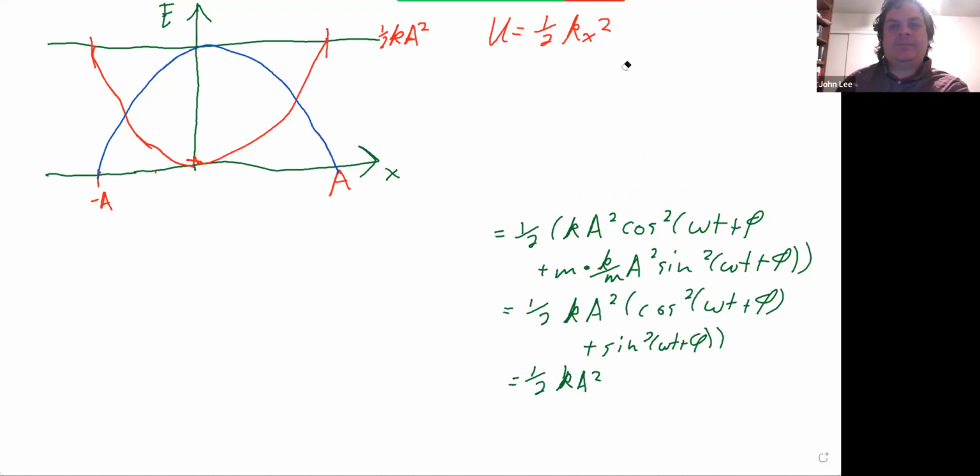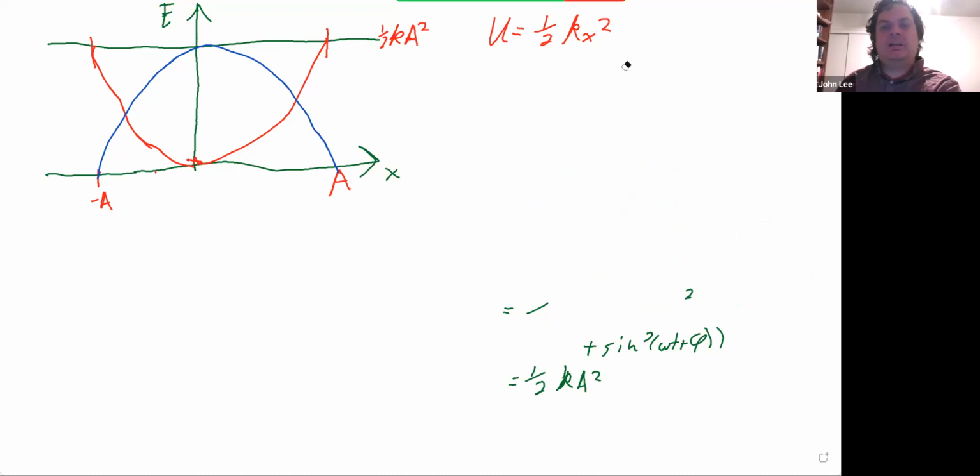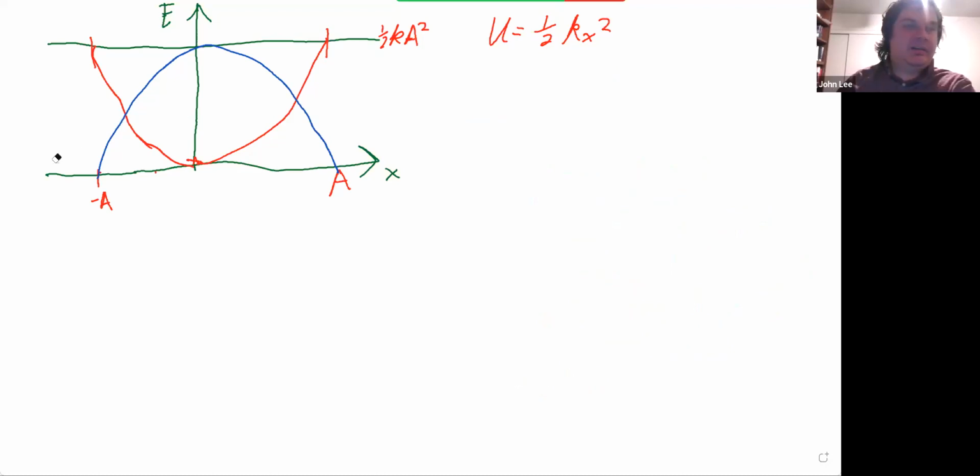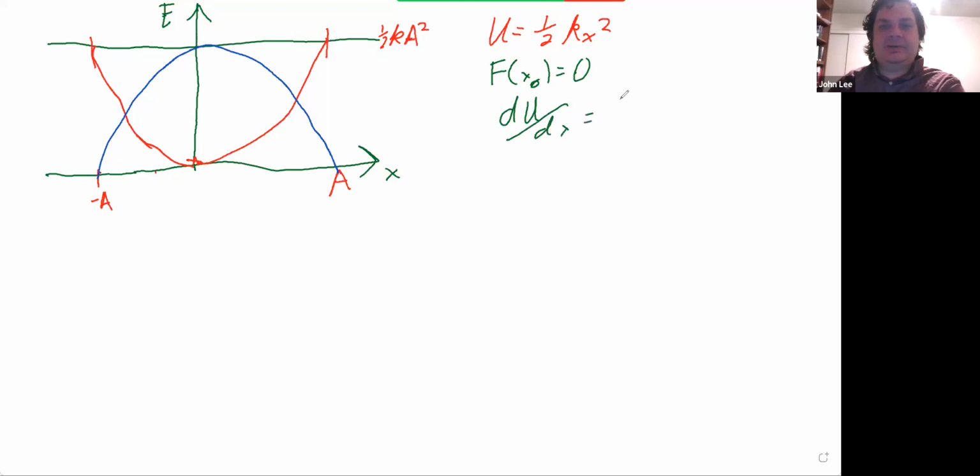So an equilibrium occurs when f of x naught, where x naught is whatever x value you're centered around, it can be any value as long as f of x naught is equal to 0, which means that there's no force involved, which means that dU dx is equal to 0.